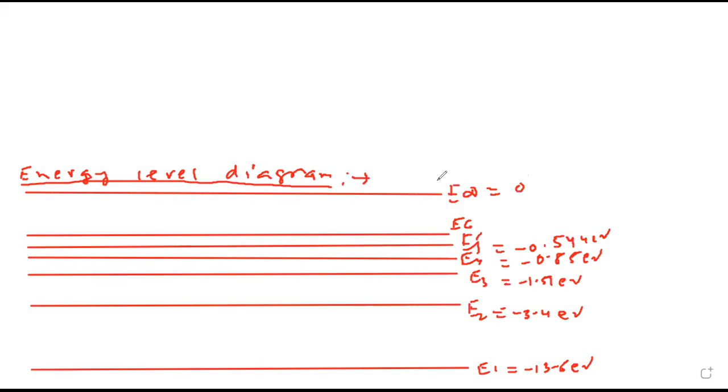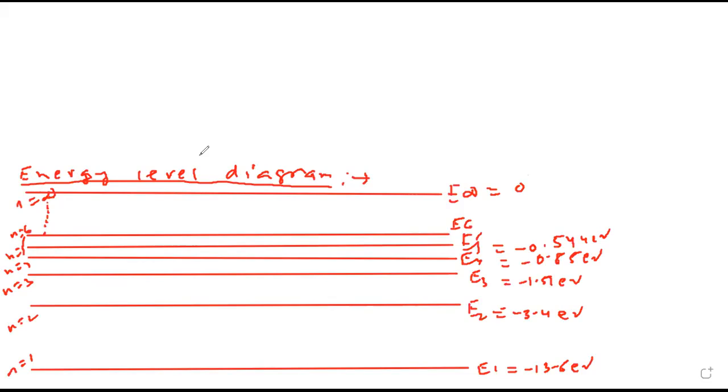Last will be 0, n is infinite. So here n is 1, 2, 3, 4, 5, 6, up to infinity.